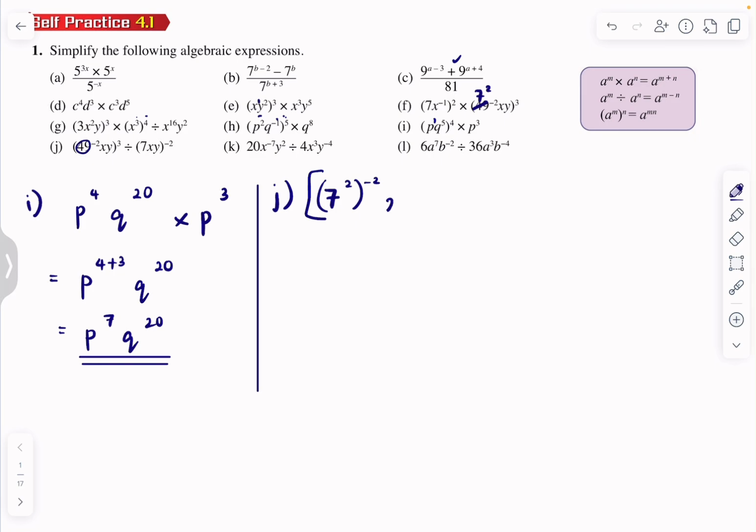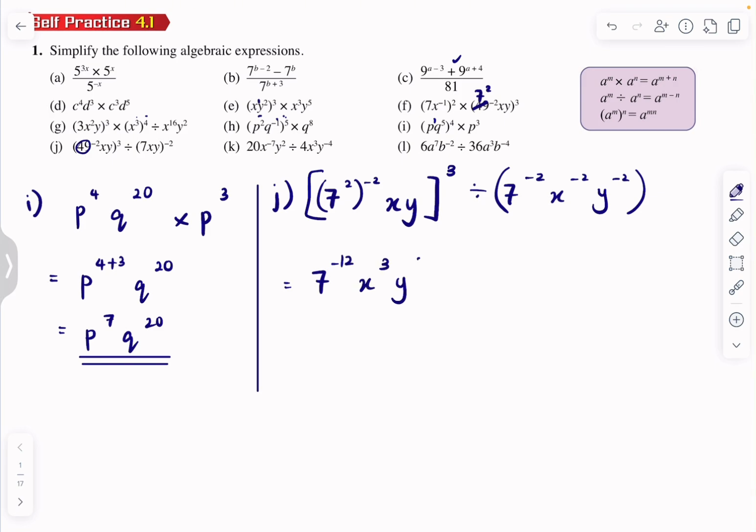Okay, negative 2 stays there. X, y, cubed. Divide 7 to the negative 2, x to the negative 2, y to the negative 2. So this is negative 4. Okay, 2 times negative 2 is negative 4. Negative 4 times 3 will be negative 12.